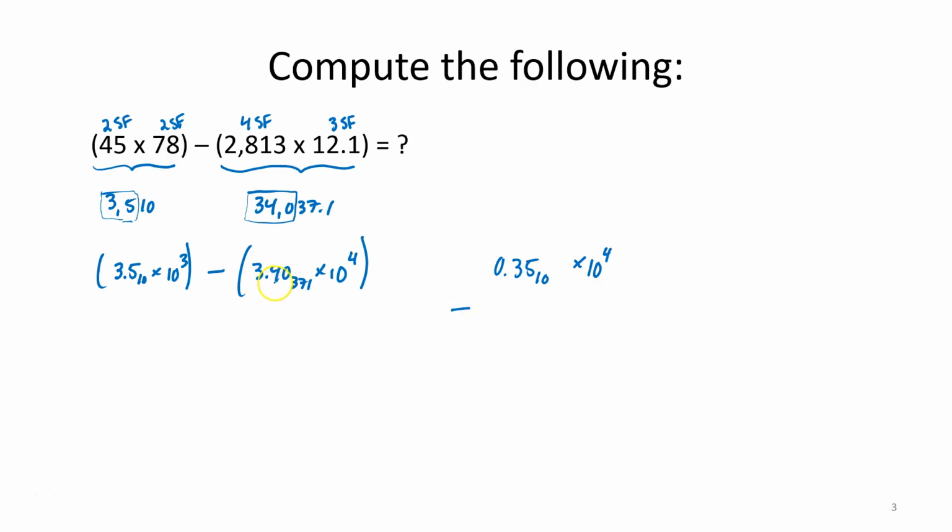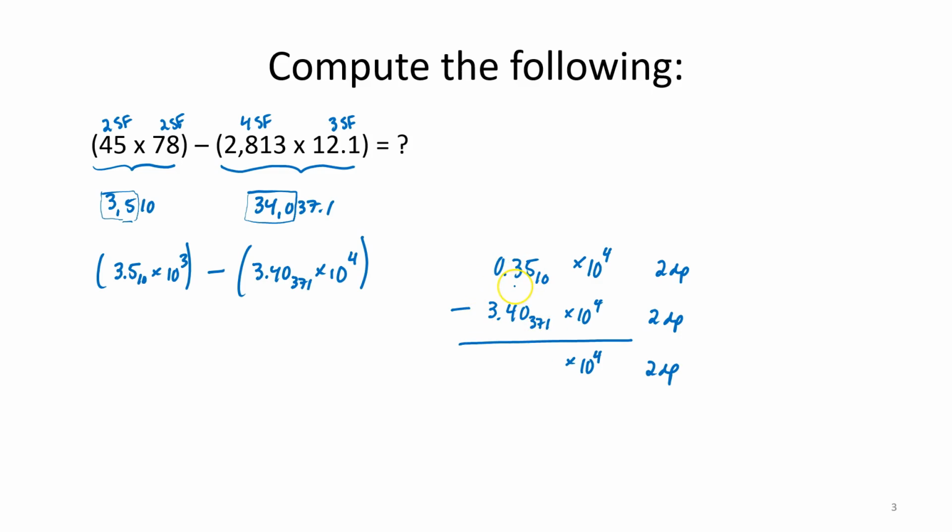And now I'm going to subtract this number. I'm just going to leave it alone as 3.40 with an insignificant 371. So now I'm paying attention to decimal places. 2 decimal places here, 2 decimal places here. So my answer better have 2 decimal places. And let me do this arithmetic on my calculator.